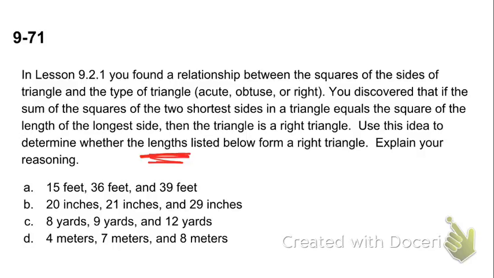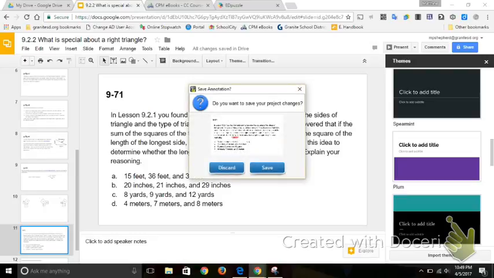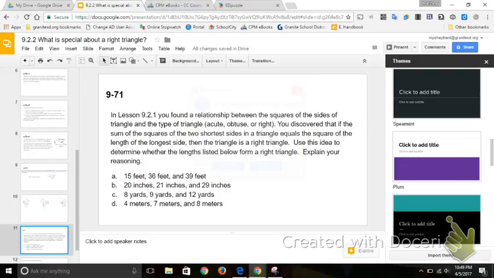Okay, so for A, first I know I've got 15, so 15 squared would be 225. And then 36 squared, I may need to do some quick calculations here.